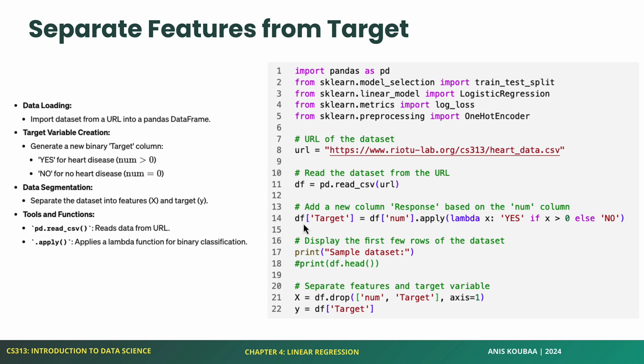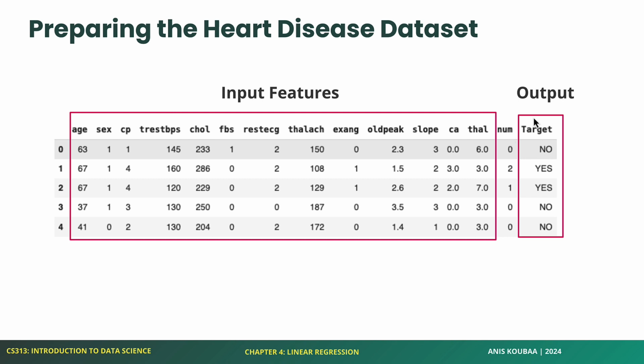Look, initially the data set doesn't have this target. It only comes with the numerical values of the degree of the heart disease between 0 and 4. Now I want to convert this to either yes or no, whether it has a heart disease, so I will transform the multi-class classification problem into a binary classification problem.